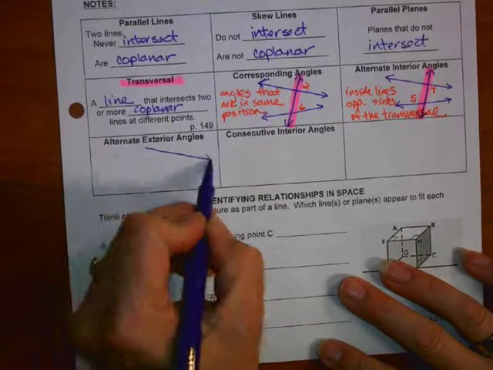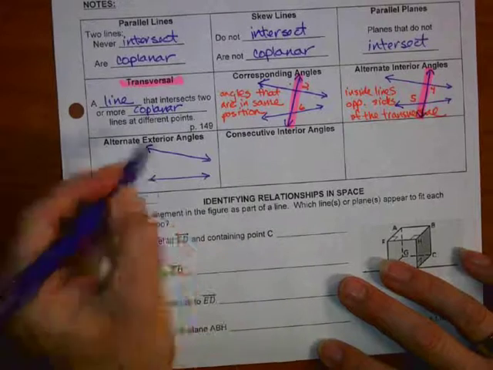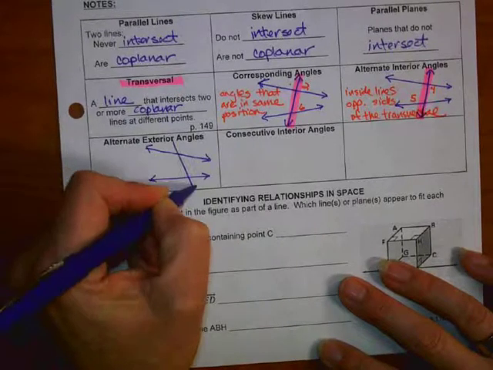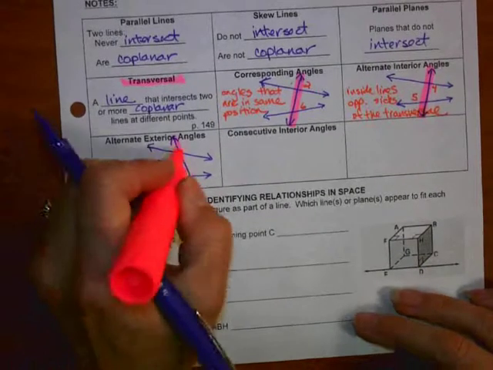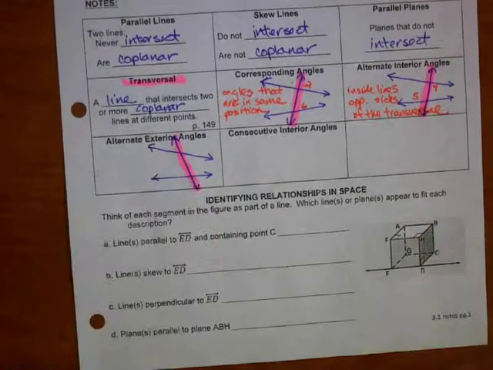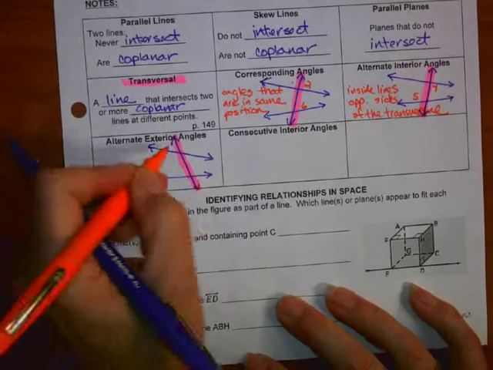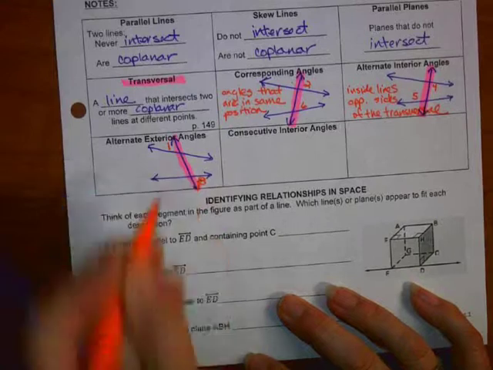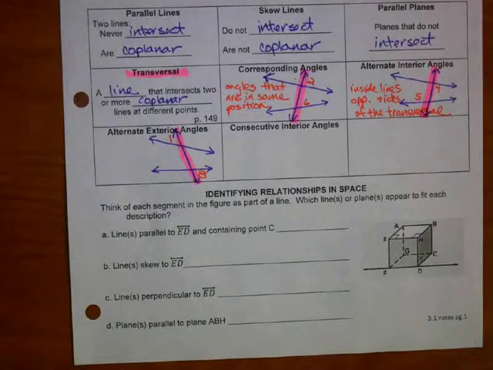Okay, let's draw another set here. We could make the transversal go this way. It doesn't really matter. Okay, and let's use number 1 and number 8. Alternate exterior angles.